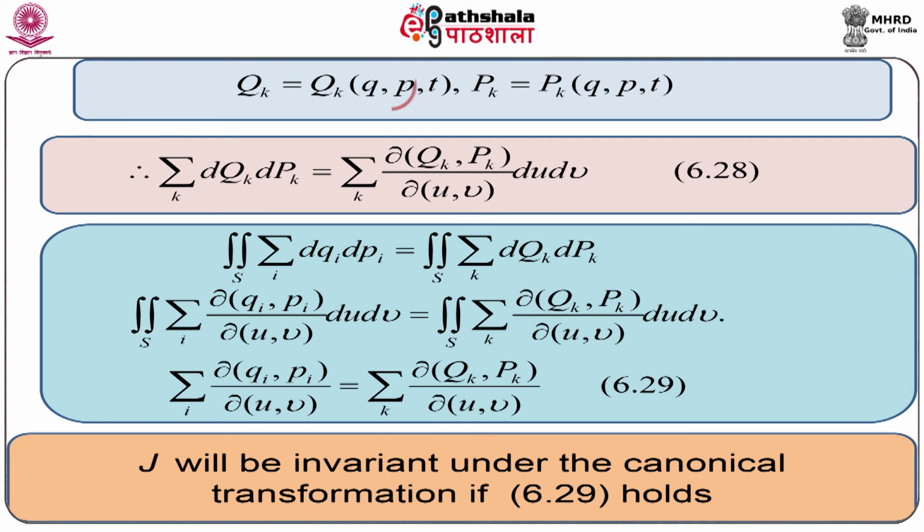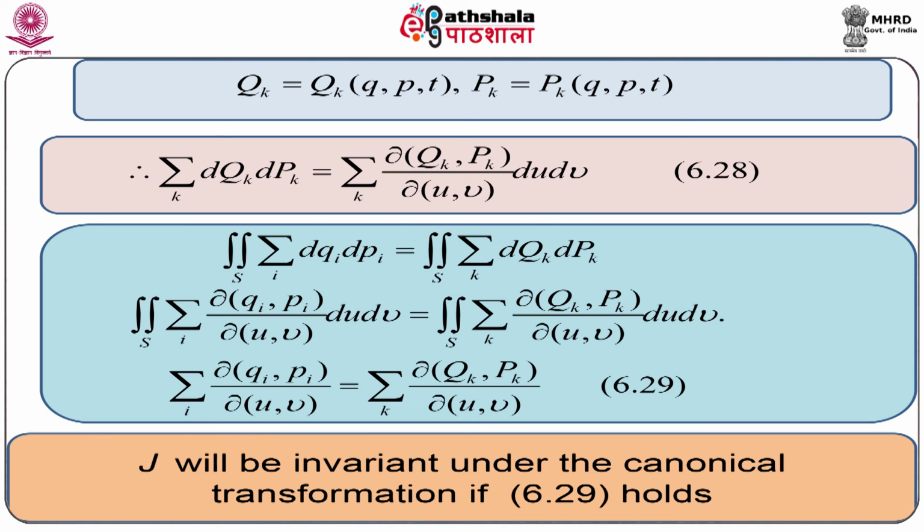In this case, let us calculate summation over k dQk into dPk. With the help of differential calculus, we can get equation 6.28. This is the Jacobian of capital Qk comma capital Pk with respect to u and v.